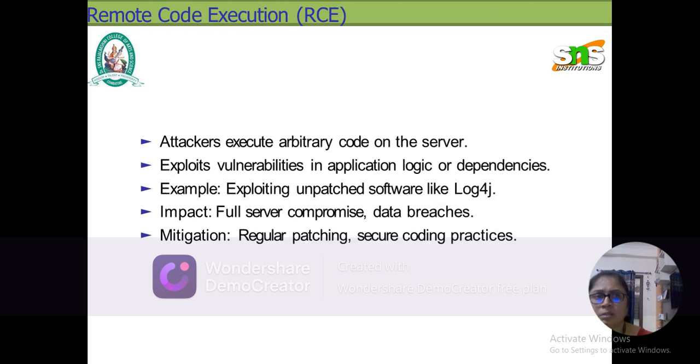Next is remote code execution. The attackers execute arbitrary code on the server. Mainly they use malicious code on the server to exploit it, for example exploiting unpatched software like Log4j. The main impact is full server compromise and data breaches.